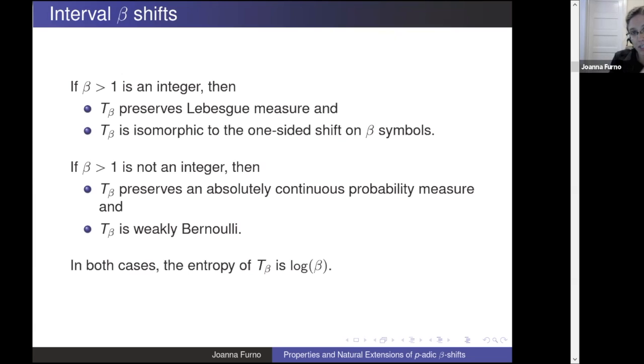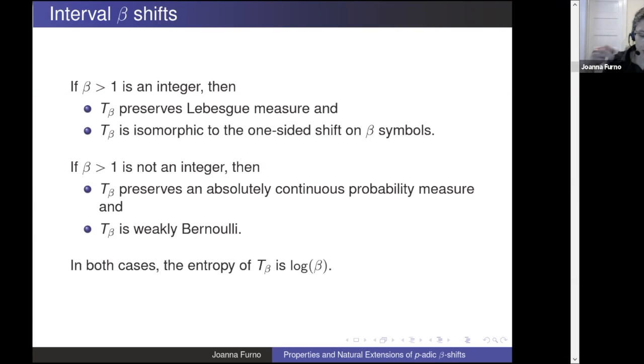And you have as many branches as you've got the size of your integer. That's going to preserve your Lebesgue measure. And when I talk about measures in this talk today, we'll just assume that I'm talking about the Borel sigma algebra. So the one generated by your open sets.